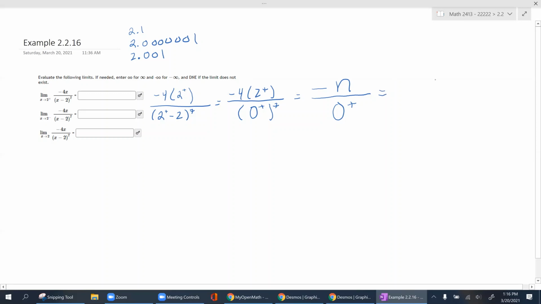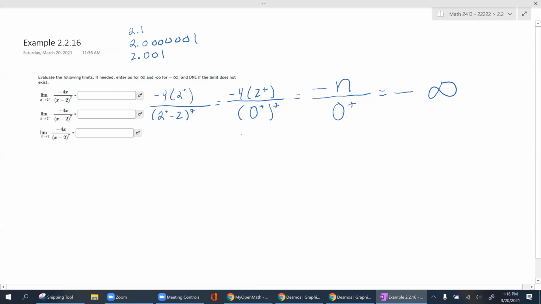So I know this is going to be infinity, but just look at this, we're still using concepts from algebra. You have a negative number divided by a positive number. So what's that going to give me? A negative number, all right?